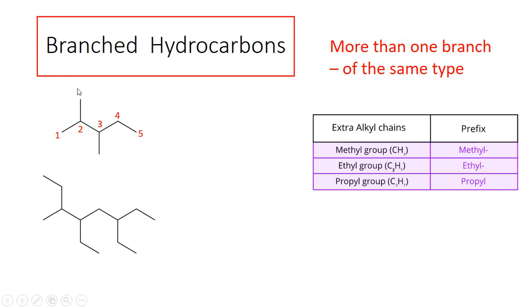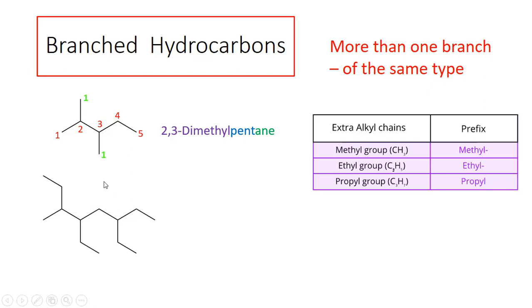We also have 2 methyl groups, 1 on carbon 2 and 1 on carbon 3. This means in our name we have 2,3-dimethyl pentane. So it's dimethyl because there are 2 methyl groups, on carbon 2 and carbon 3, and then pentane, which is the stem.